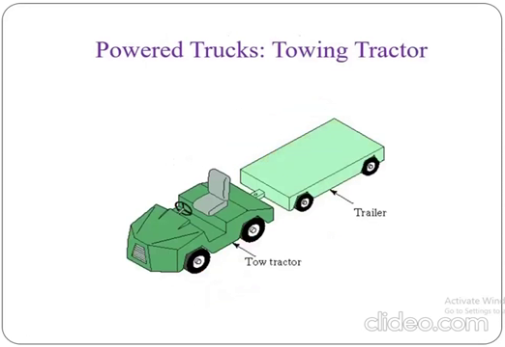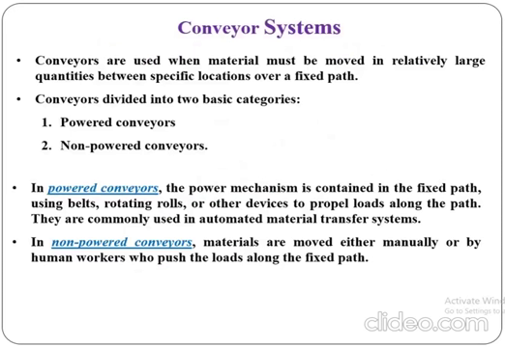Then power trucks or towing tractors: there is a tow tractor and a trailer, and on that trailer the load is transferred from one place to another. Then if you talk about conveyor systems, conveyors are used when material must be moved in relatively large quantity between specific locations over a fixed path.